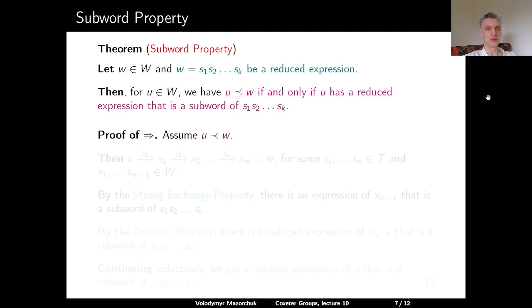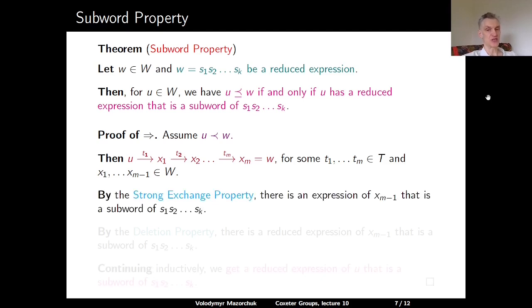So assume that u is strictly smaller than w in the Bruhat order. Then the Bruhat order is a transitive closure of the arrow relation. Then we can write that u arrow x_1, arrow x_2, and so on, arrow x_m, and x_n is equal to w for some x_1 and so on, x_m in W, and those arrows are labeled by t_1, t_2, and so on, t_m, the reflections, which give us the arrow relation.